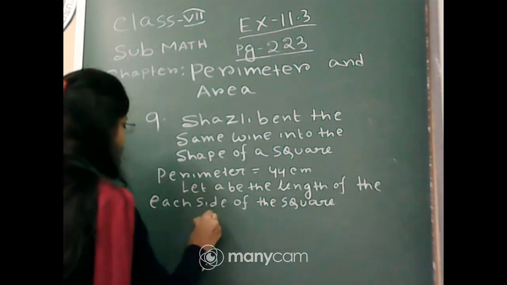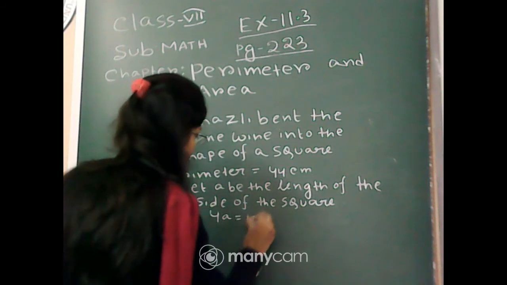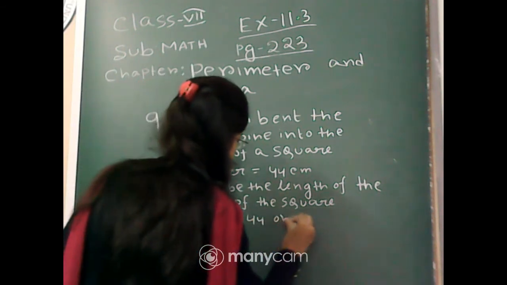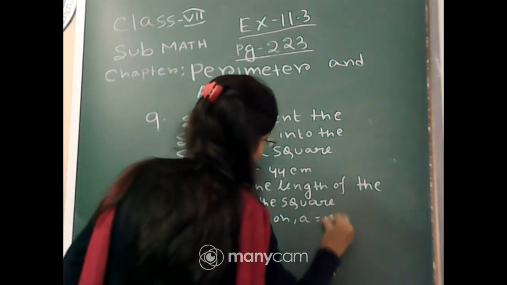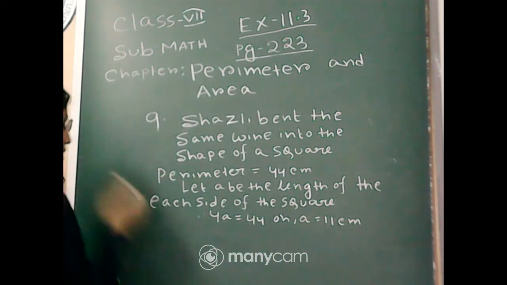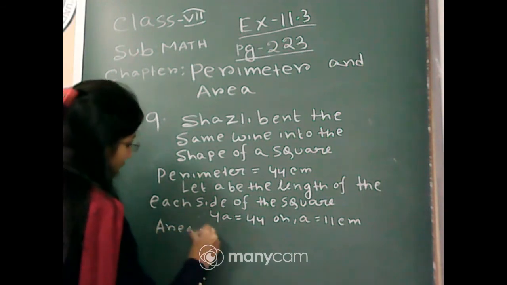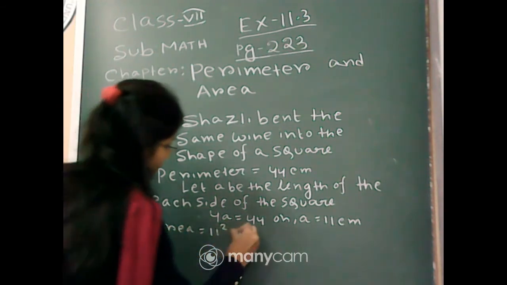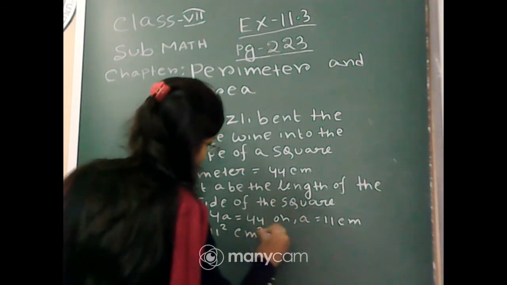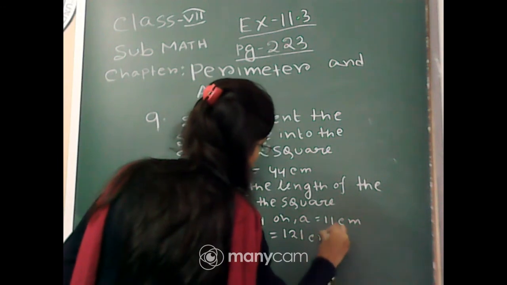Therefore, 4a, that is perimeter, is equal to 44, or a is equal to 11. Therefore, the length of each side of the square is 11 cm, and therefore area is equal to 11 square cm, that is 121 square cm.